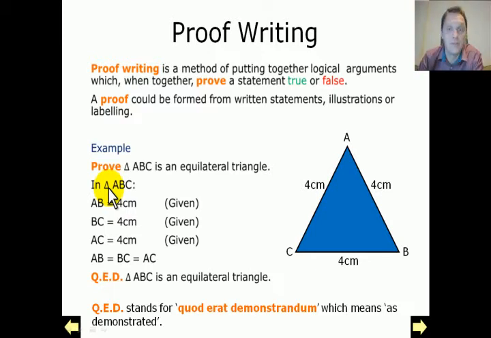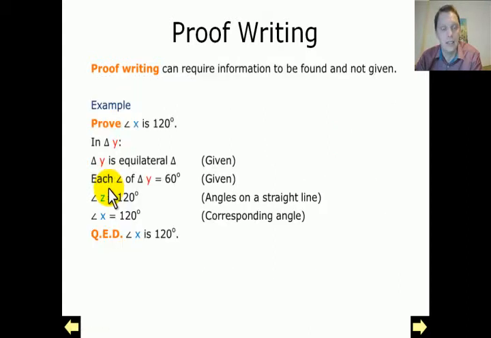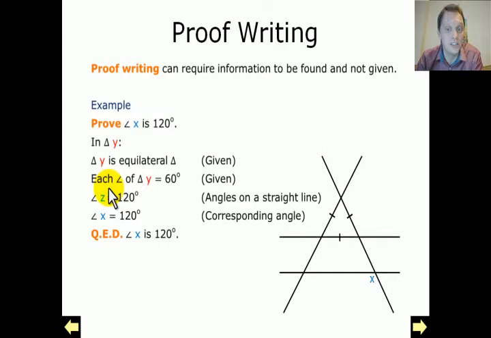My next example is when information is not completely given to us, in which case I am trying to prove that angle X is 120 degrees. So I'm starting my statement off by saying exactly what I'm dealing with, just like the prior example.